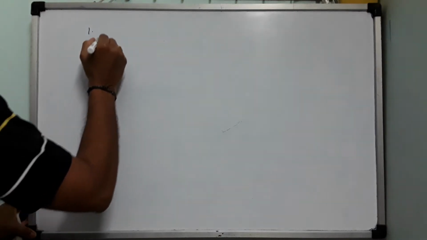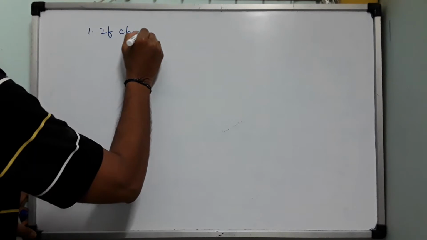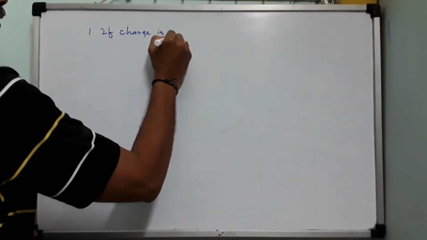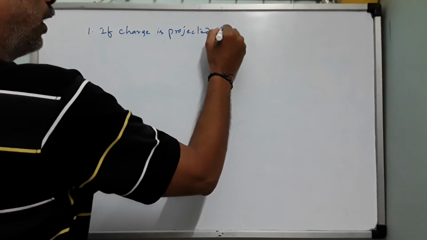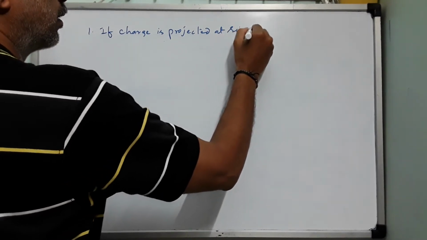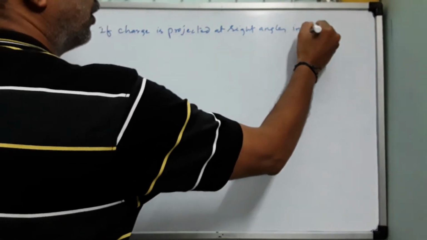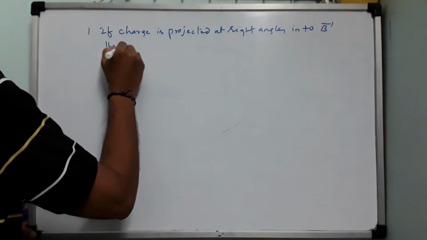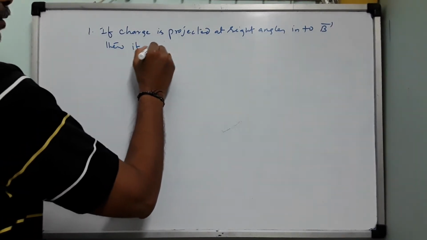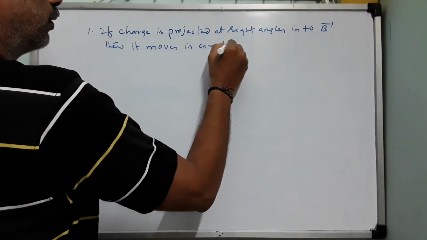First point, if a charge is projected at right angles into a magnetic field, then it moves in a circular path.